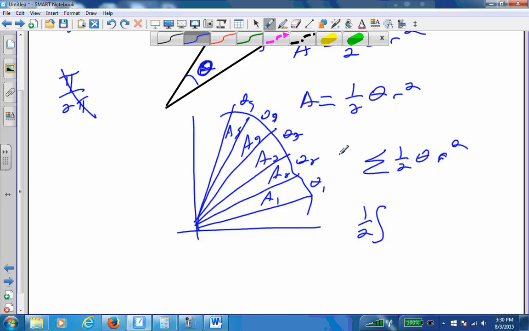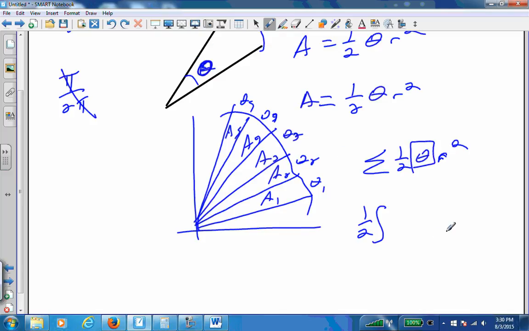If we get a really small angle, then each of those are going to be pretty good approximations. So the thing that's going to vary is our theta, so d theta, and then our r function squared. So that'll give us our area.